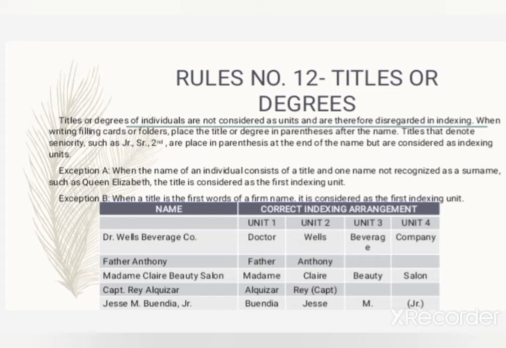So for example, if the name has junior or senior, it is always indexed in the last unit. For example, Jesse M. Buendia Jr. His junior should be in the last unit and put in parentheses. But if it is Dr. Wells Beverage Company, the doctor should be spelled out, like Doctor Wells Beverage Company.